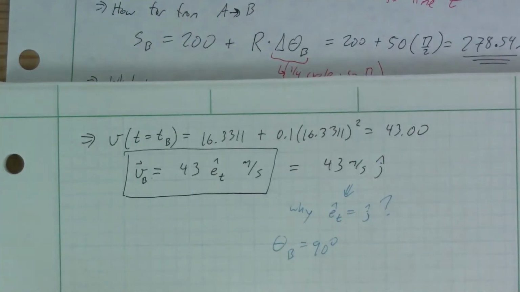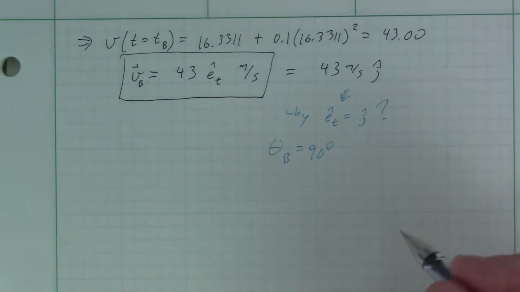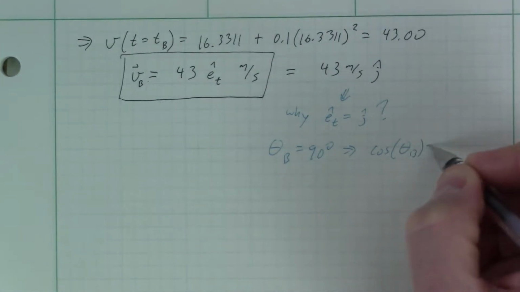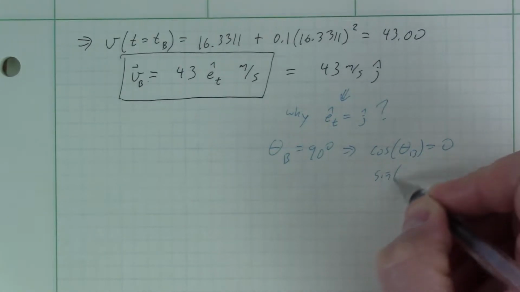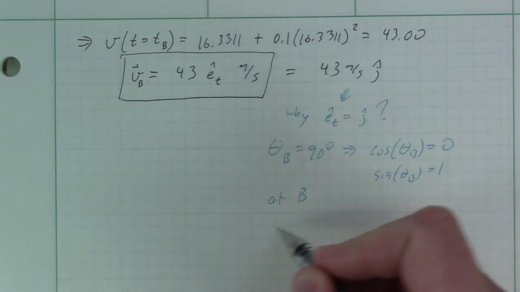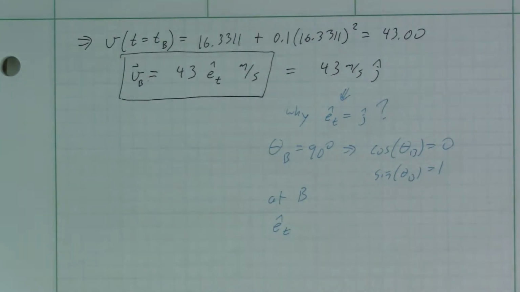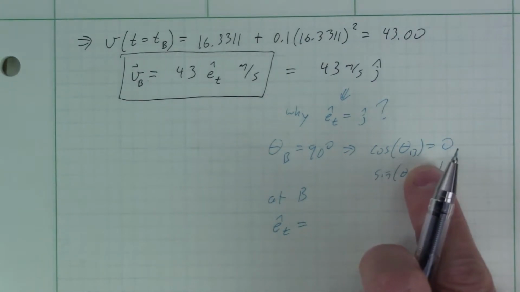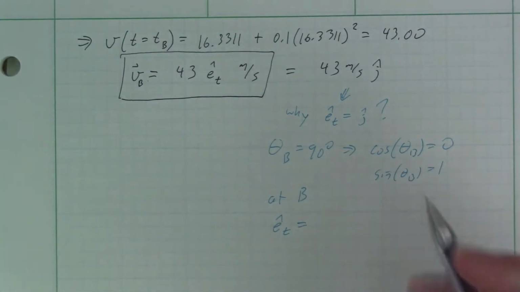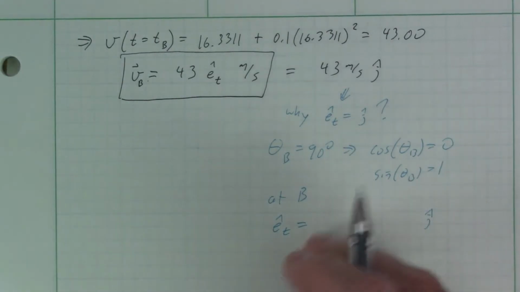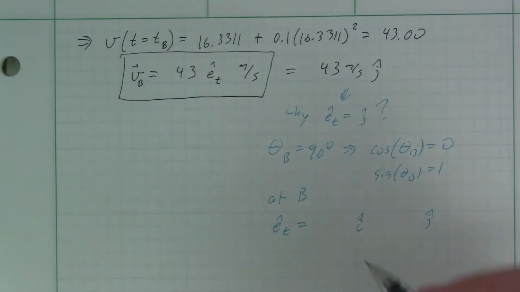This is just a little side note, by the way. Theta b is 90 degrees. At 90 degrees, cosine is 0, sine is 1. So at b, the tangential unit vector is, back to our transition, how do we convert from i hat, j hat to our nt coordinate system, right?